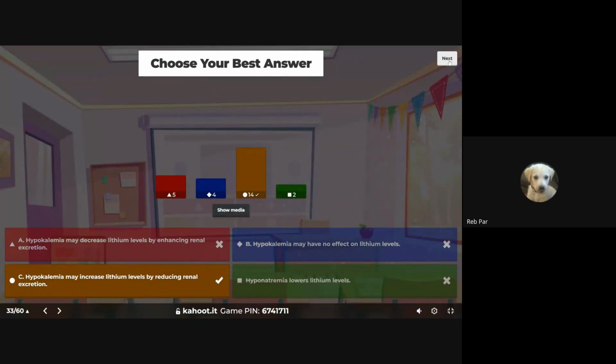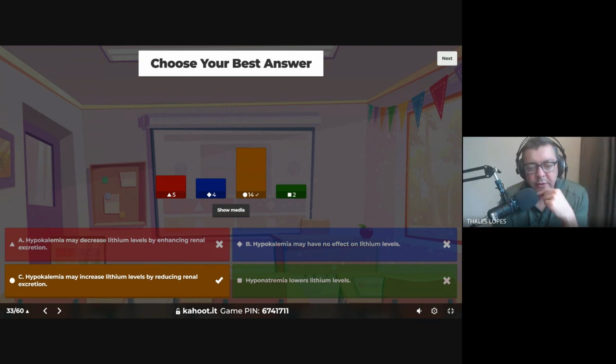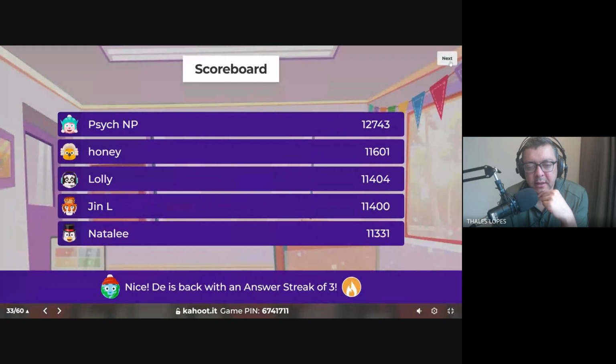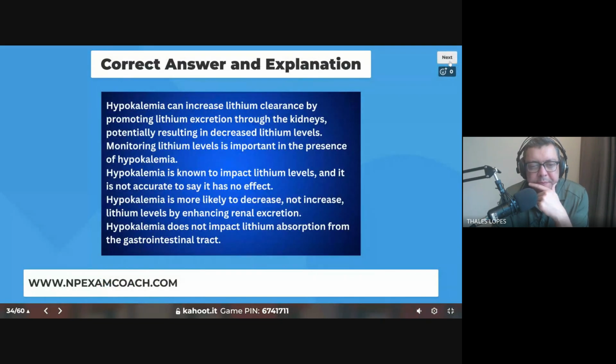All right, so hypokalemia may increase lithium levels by reducing renal clearance. Okay, so increased lithium levels, right? Hypokalemia can increase lithium levels by promoting lithium retention through the kidneys, potentially reducing excretion.